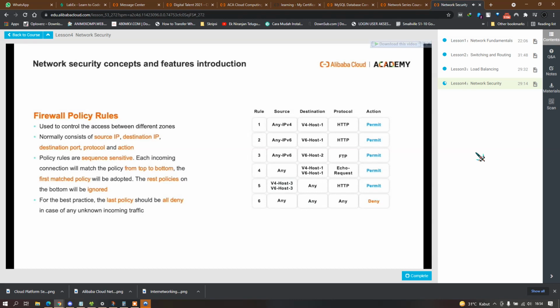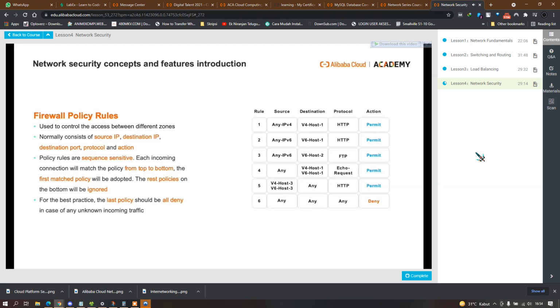And just now we mentioned the firewall policies, right? So on this page we will have a detailed understanding of firewall policy rules. So what are firewall policy rules? They are used to control the access between different zones or between different hosts.